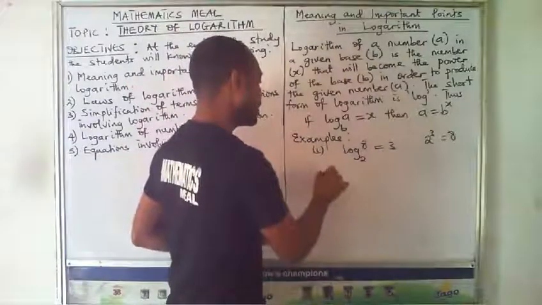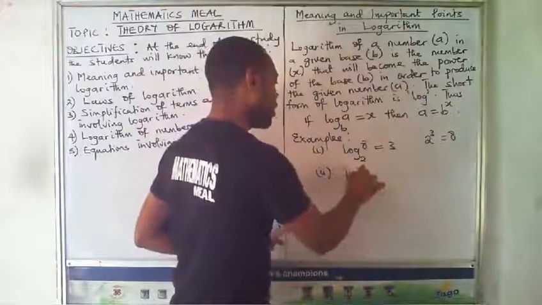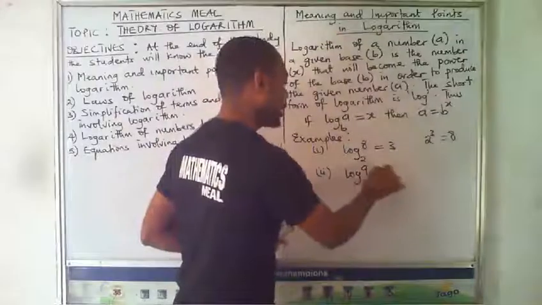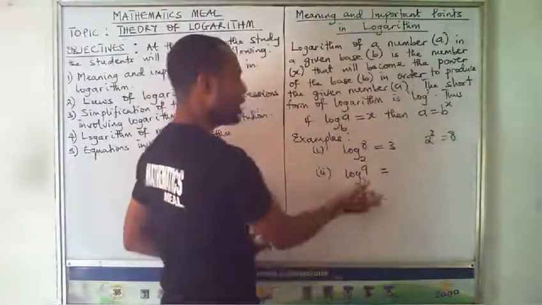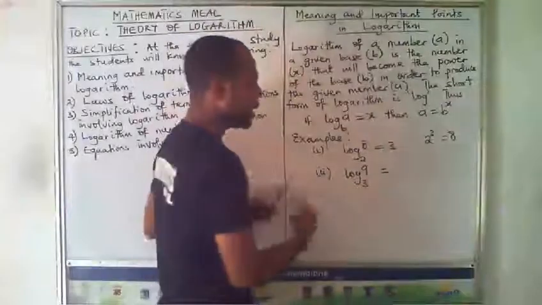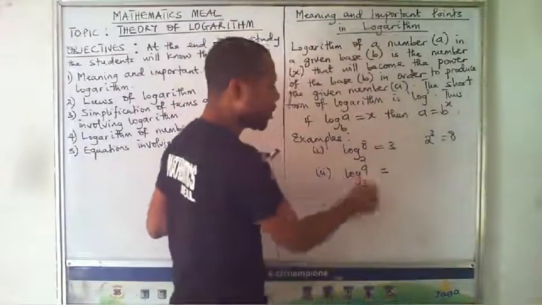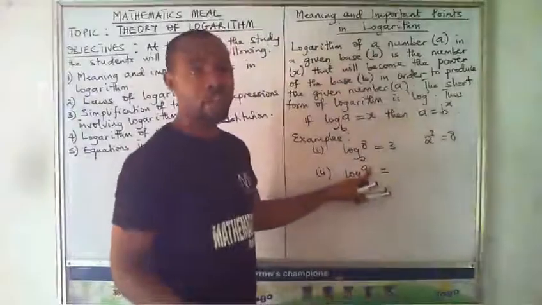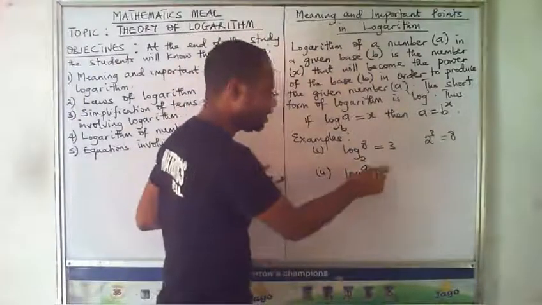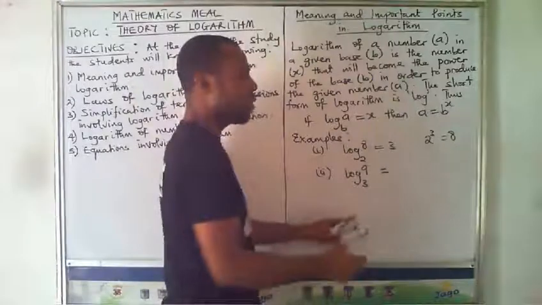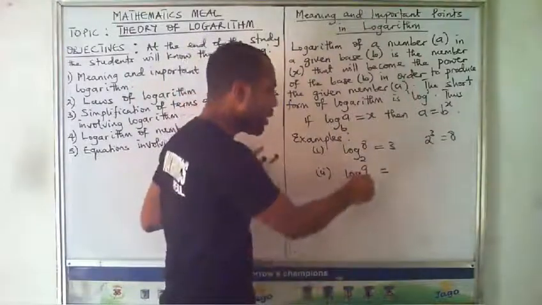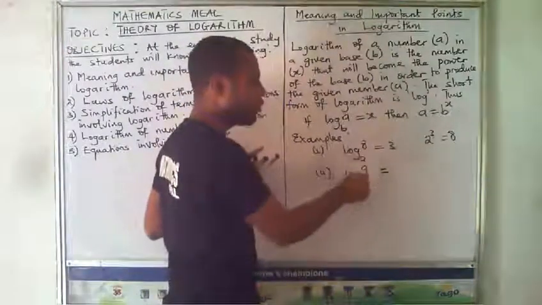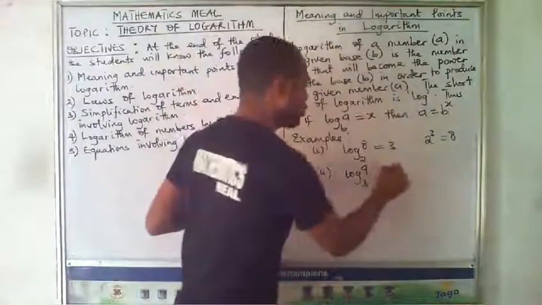Now, if I take another example, I have log 9 in base 3. What is log 9 in base 3? It is the number that will become the power of 3 for me to form 9. What figure will I put as the power of 3 to form 9? That figure is 2.